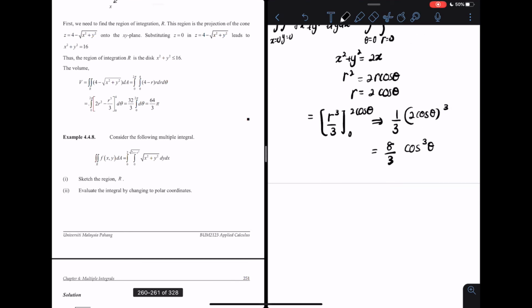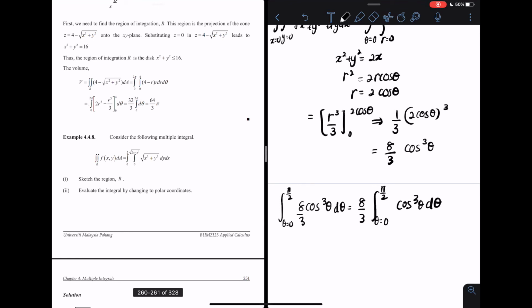So right now I will integrate from theta is equal to 0 until pi over 2, 8 over 3 cosine cubed theta d theta. I will get 8 over 3 integral from theta equal to 0 until pi over 2 of cosine cubed theta d theta.